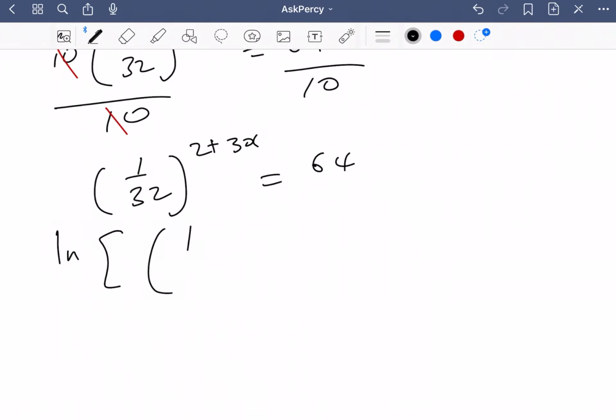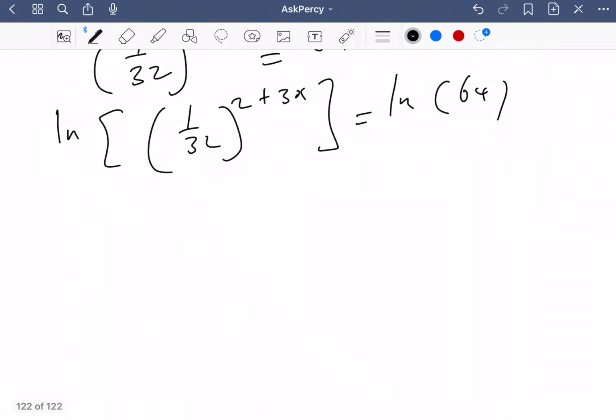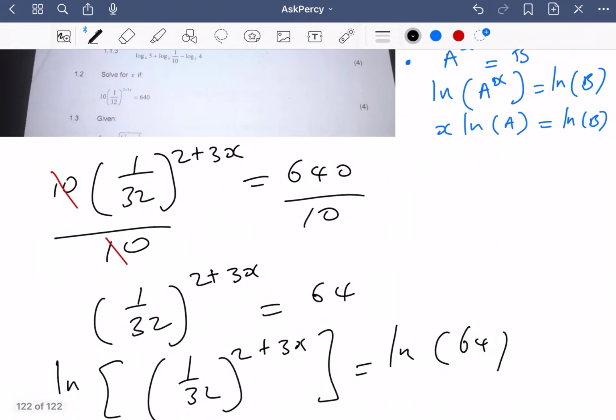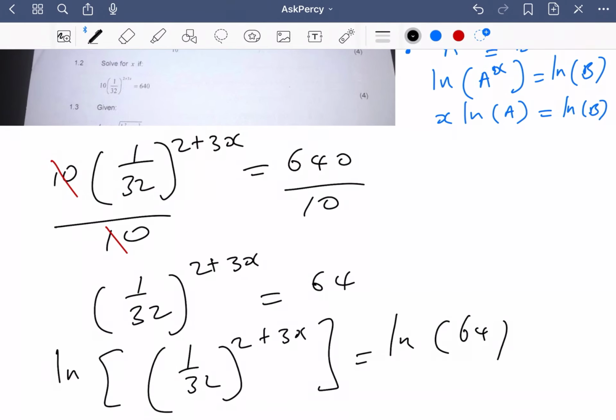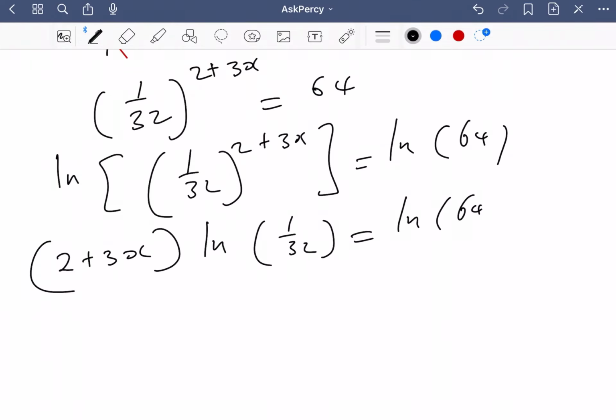So we introduce natural log on both sides. It's going to be 1 over 32 to the power 2 plus 3x equals 64. And then after introducing natural log on both sides, based on this rule, ln of a to the power x is equal to x times ln a. So in this case, it's going to be 2 plus 3x times ln of 1 over 32, which is ln 64.